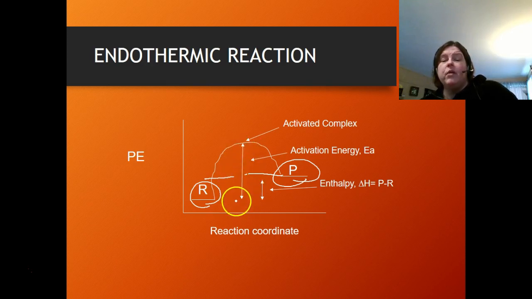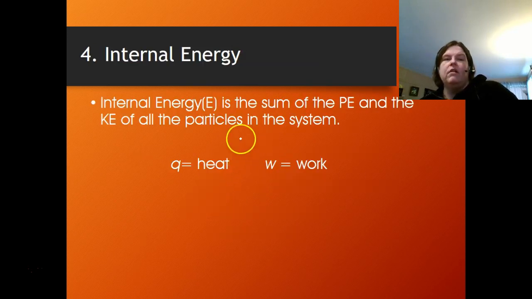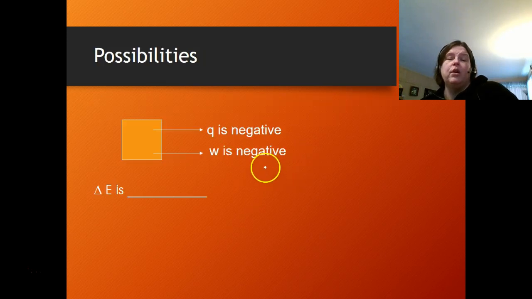So a lot of endothermic reactions don't happen very often. They're not common. They happen, but they're not common because of that. Okay? Because of the fact that the activation energy to go backwards is lower than the activation energy to go forward. Okay? So internal energy is the sum of the potential energy and the kinetic energy of all the particles. So delta E, the change in internal energy, is equal to Q plus W. That's heat plus work.